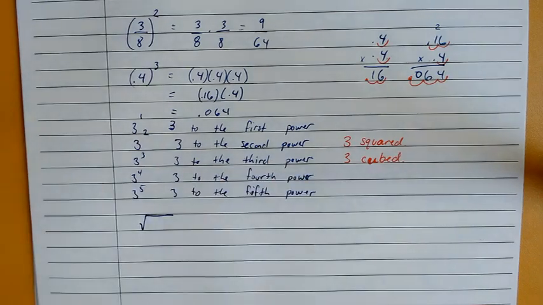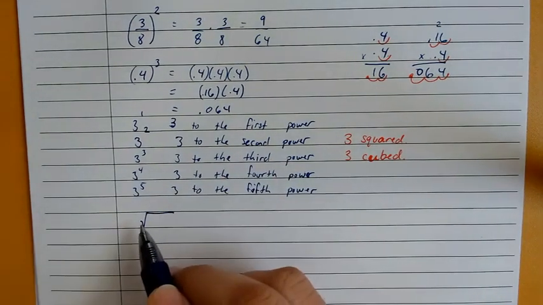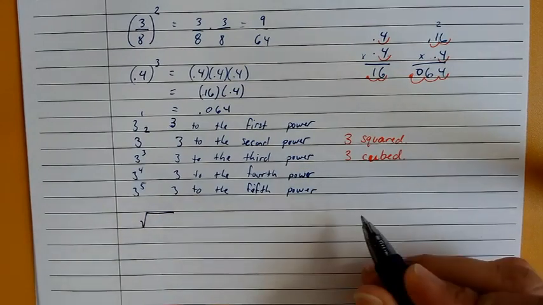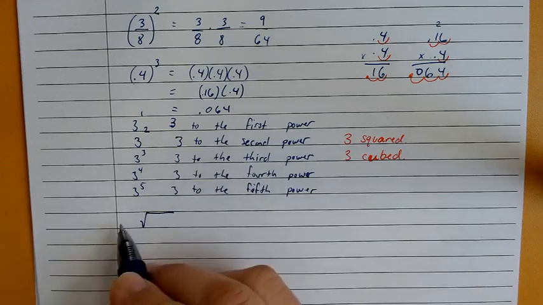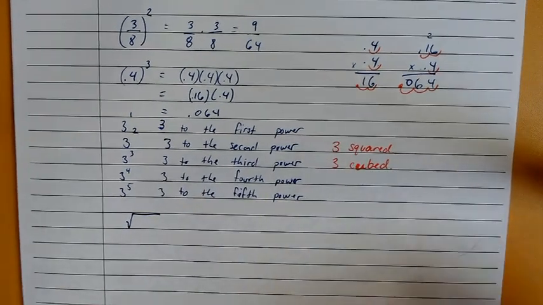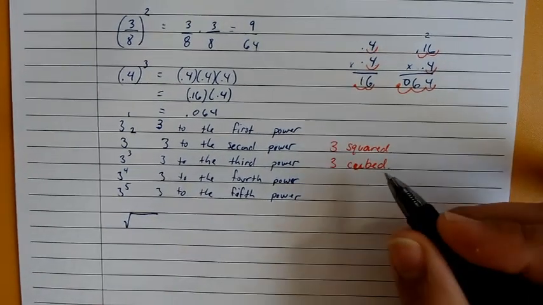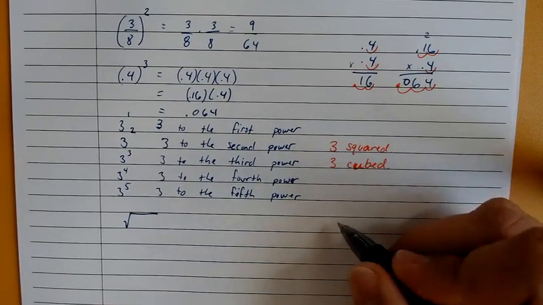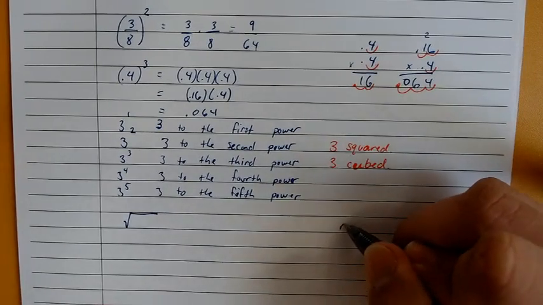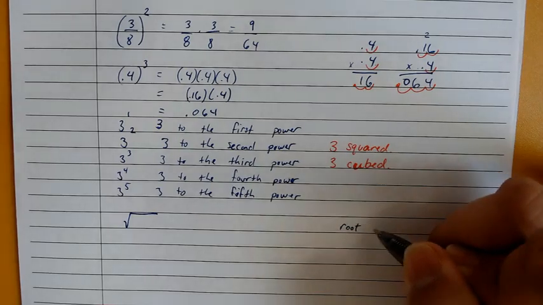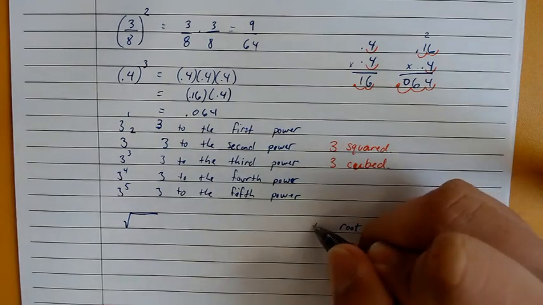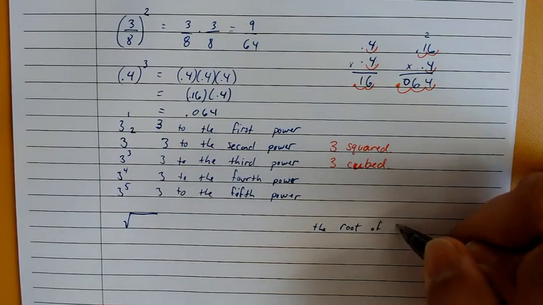This is the symbol for a root. Incidentally, just a quick historical note, this is actually the letter R. It kind of looks like the letter R, and in fact, that's what it is. If you read some historical documents in math, things used to be written in full. You would say something like the root of 5.